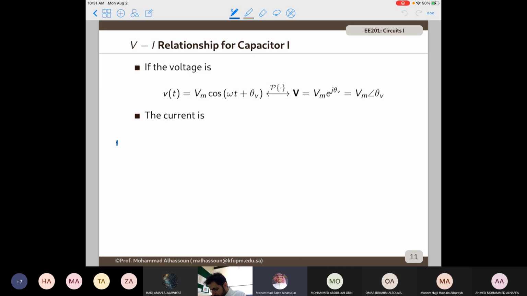We know that the current is C dV by dt, and V here is Vm cosine of omega t plus theta V. If we differentiate it, we'll get minus C Vm omega sine omega t.